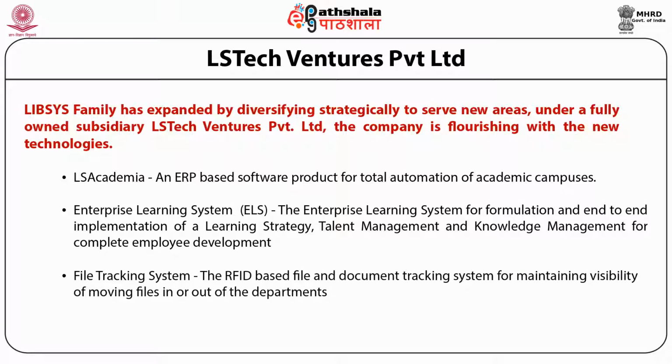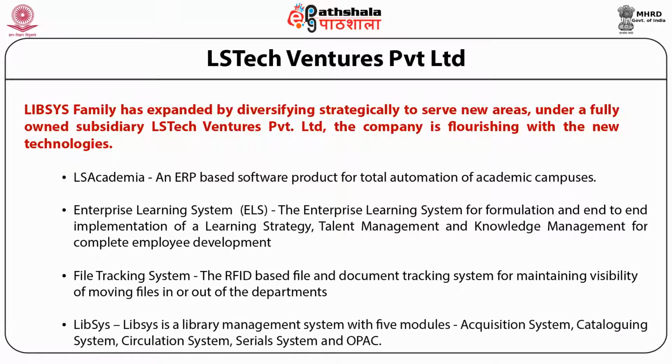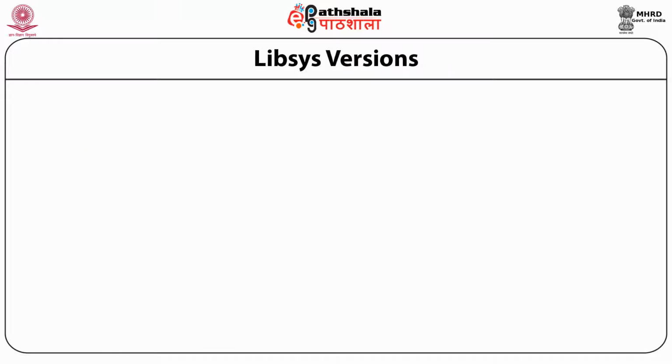The RFID-based file and document tracking system for maintaining visibility of moving files in or out of the departments is used as a file tracking system. Libsys, the LMS version 7, is the latest version provided by the company. There are four major versions of Libsys. The first is LSEs.